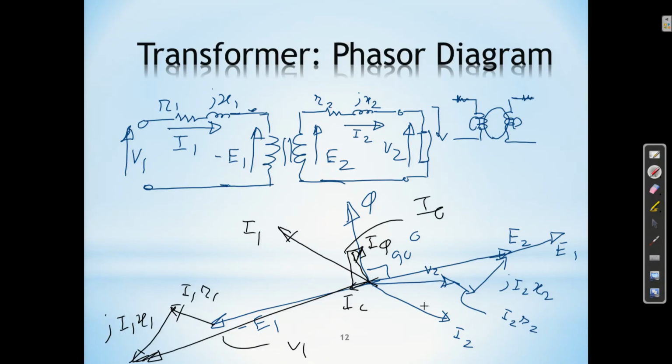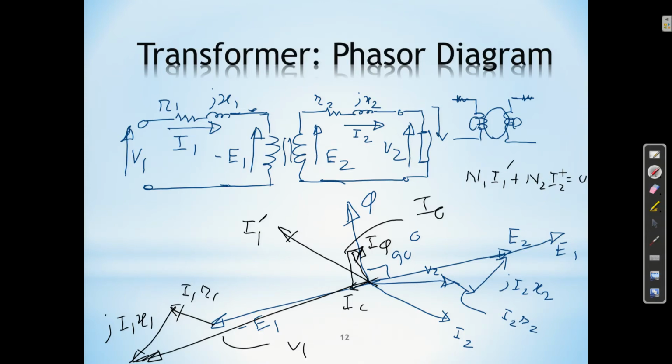We consider the magnetizing branch over here, so this current is always flowing through the primary side. When the load comes, I2, then the load component of I1, we say this is I1 prime. How is I1 prime decided? You already know: N1 I1 prime plus N2 I2 must be 0.